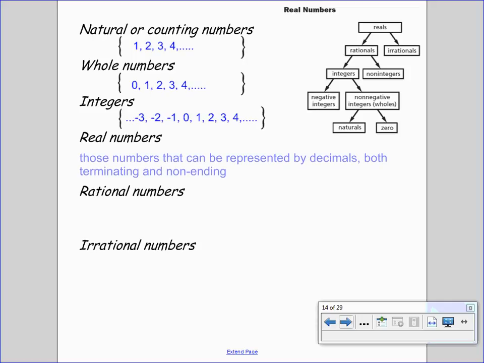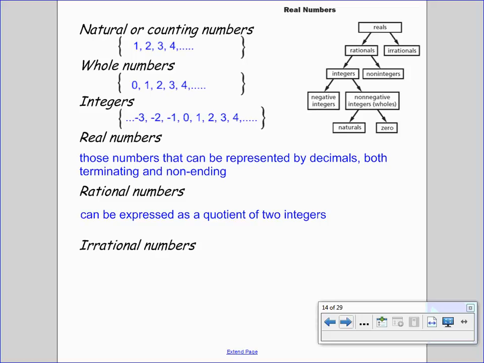All real numbers can be expressed as a decimal, either terminating or non-ending, decimals that go on forever and ever and ever. Rational numbers are those real numbers that as a decimal either stop or fall into a repeating pattern.